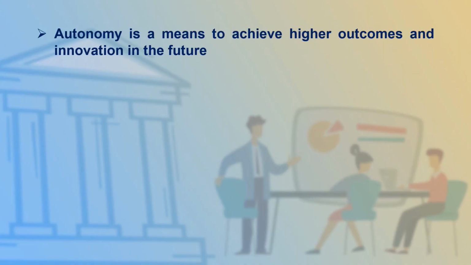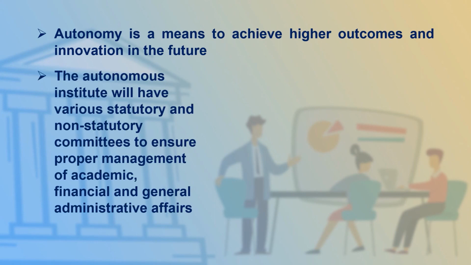Autonomy is a means to achieve higher outcomes and innovation in future. The Autonomous Institute will have various statutory and non-statutory committees to ensure proper management of academic, financial and general administrative affairs.